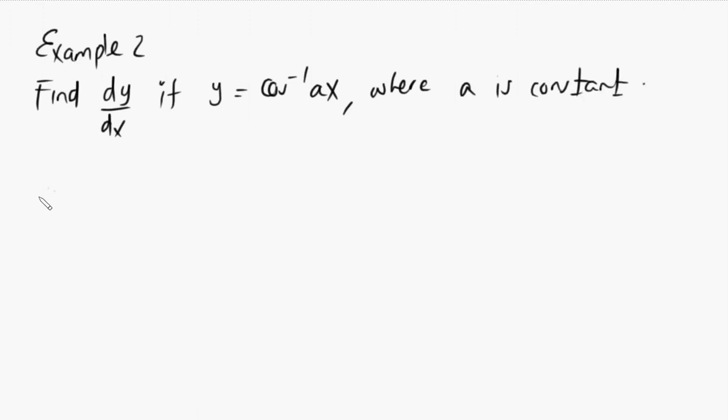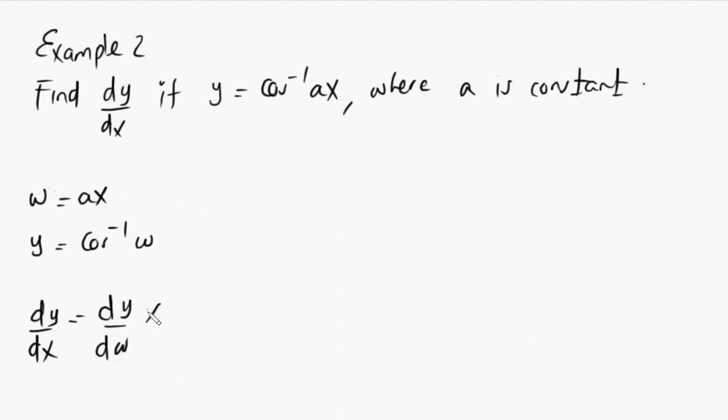Again, I'm going to use the chain rule. I'm just going to let w equal ax. So y is equal to cos inverse of w. So dy/dx will be obtained from the chain rule, dy/dw times dw/dx. From w equals ax, I can get dw/dx, which is going to be equal to a.